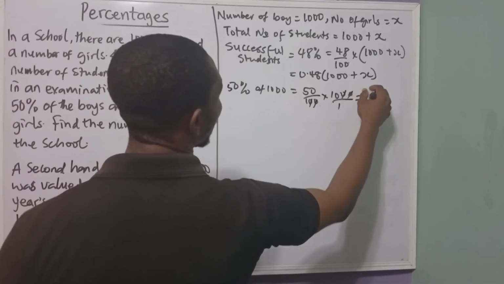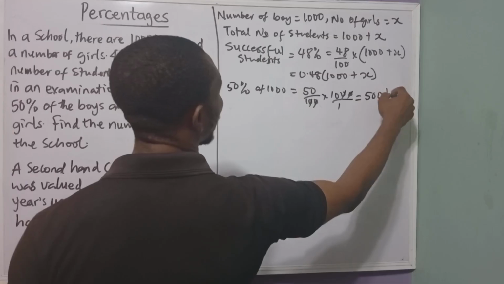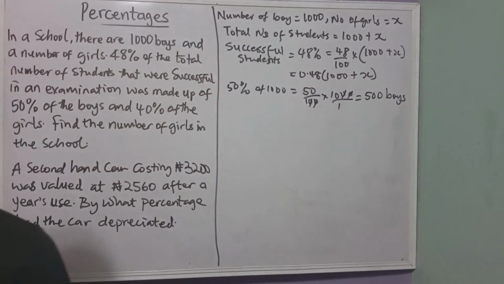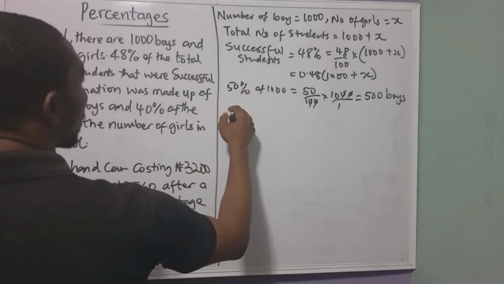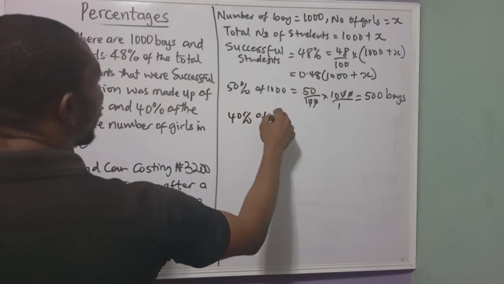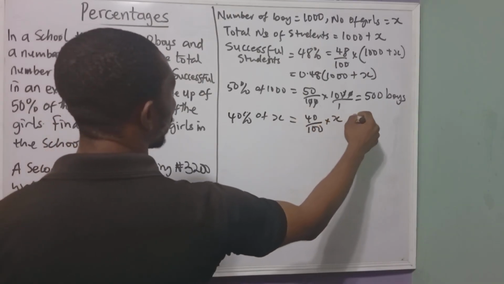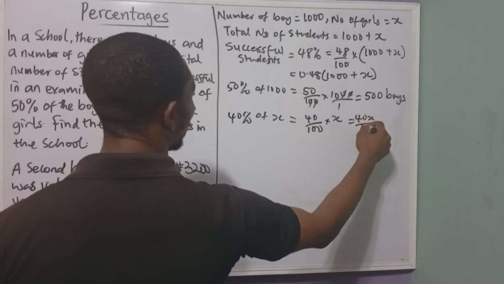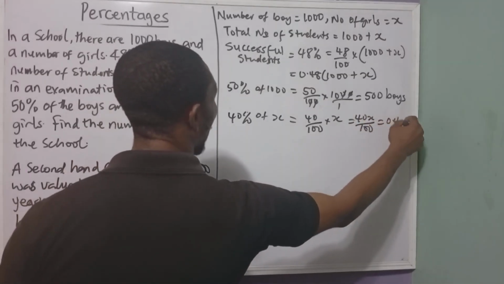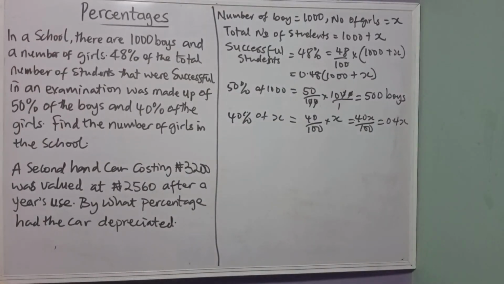So this gives us 500 boys. So 500 boys were successful, and the number of girls that were successful was 40% of x. That means 40 over 100 times x, which gives us 40x over 100, which is 0.4x. Now 0.4 of the girls were successful.